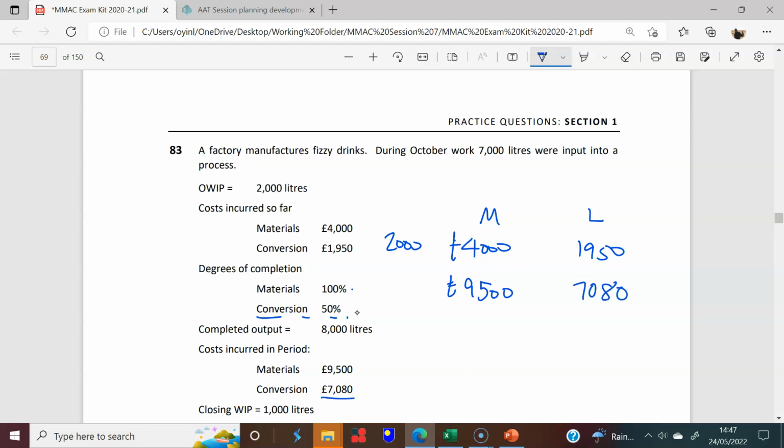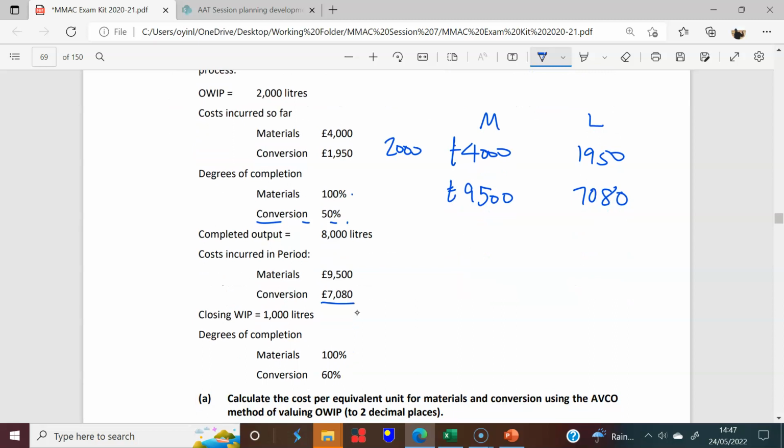Now remember, part of this 7,080 will complete the outstanding work on the opening WIP, and part of it will also complete the existing work. So I spent all of this funding so far, and let's work that out.